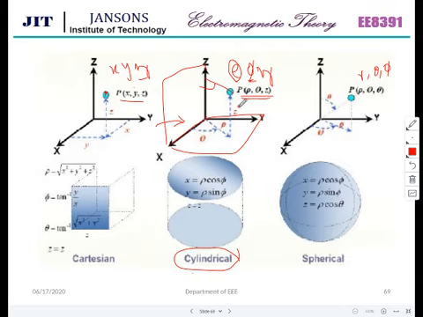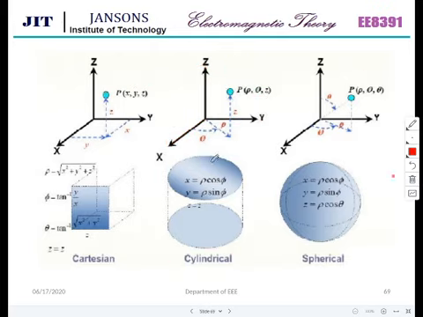So those are the three parameters used to represent any point in cylindrical coordinates, right? If both are the same point represented by different parameters, what is the relation between x, y, z and rho, phi, z? Means x is equal to rho cos phi.